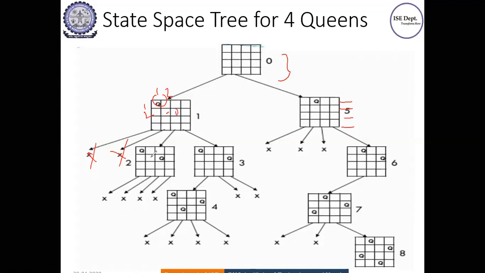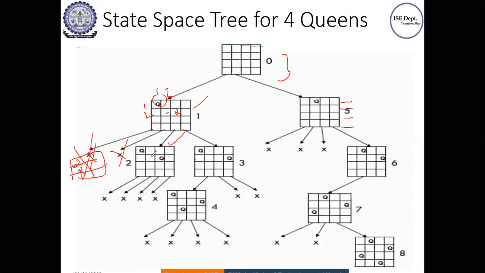Yes, it is possible because there is no attack; it is not diagonal, and it is not placed in the same row or same column, so it is acceptable. That is why I have written it here. The next possibility is this one, a queen in the fourth row. For the first row and first column, second row and first column, it is not possible.